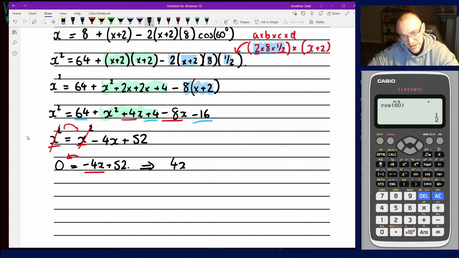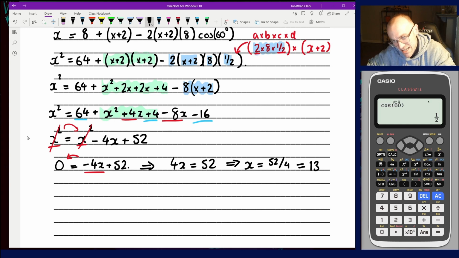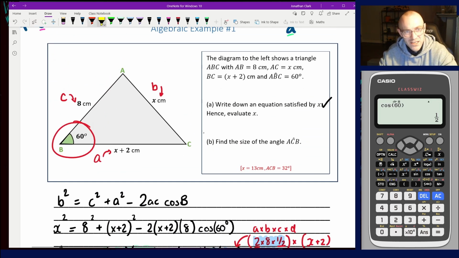It's going to work out really nice. Those of you with a brain for mental maths know that this will work out exactly as 13 centimeters. Amazing. So I have indeed solved for x. I've worked out that it was 13 centimeters.